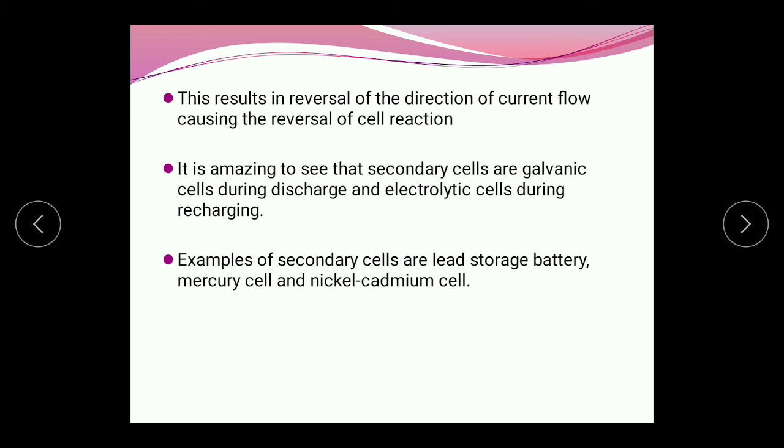That is, the battery used in automobiles, where while running the vehicle, the battery is used, that is, it discharges, while at rest we can recharge that battery and we can reuse that. So, the lead storage battery is the battery we use in automobiles.